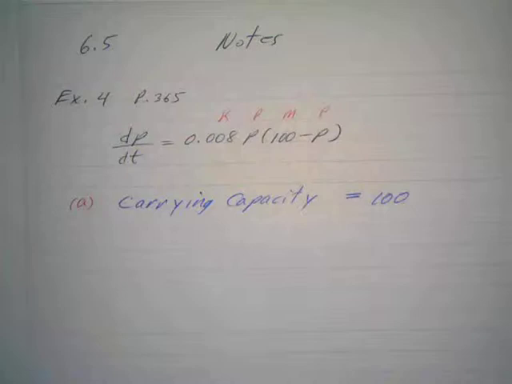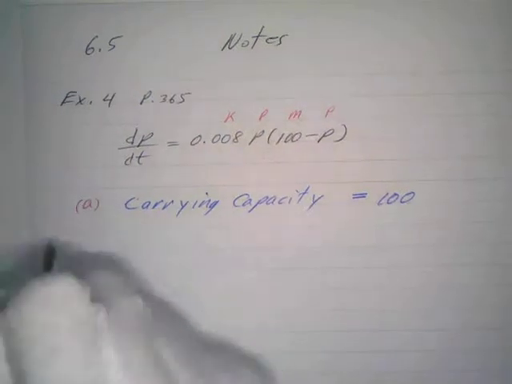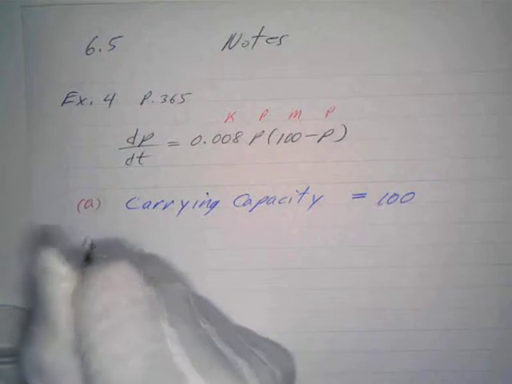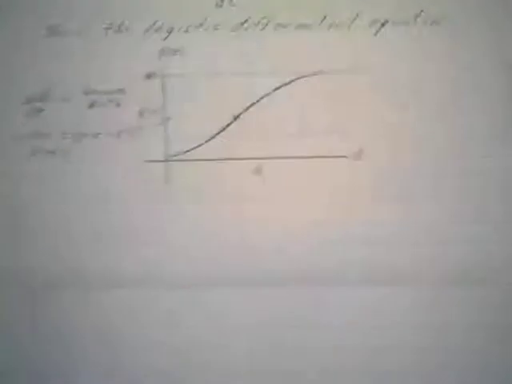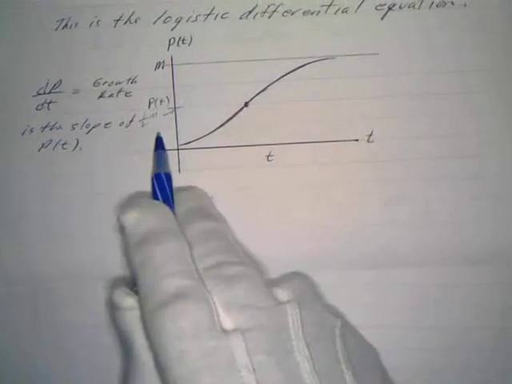Letter B: what is the bear population when the population is growing the fastest? We did this in the exploration, and it's growing fastest when it's half the carrying capacity. Remember, if we go back and look at our graph, we came up with this 1/2 M in exploration number 2.